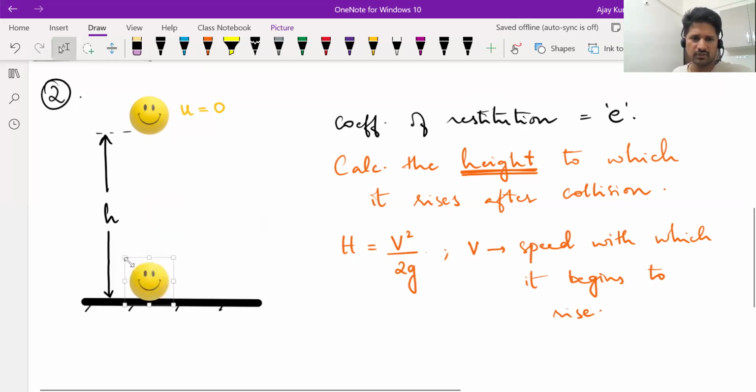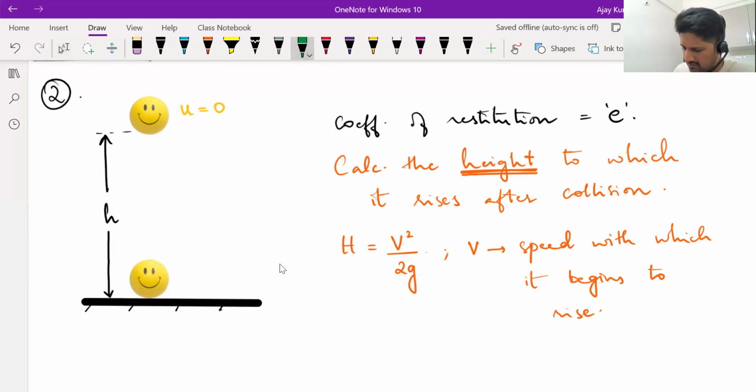Just before collision, we know it will be moving in the downward direction. And just after collision, it will move in the upward direction. So just before collision, I'll represent it in green. Let's say it has some velocity v1 like this. And just after collision, I'll represent it in red. Assume it has some speed v2 like this.